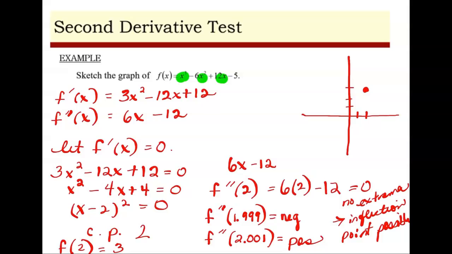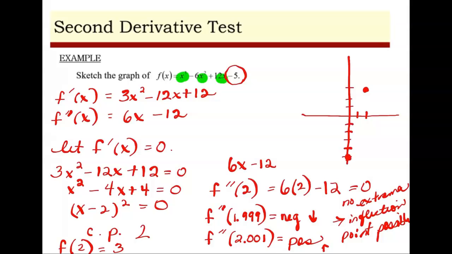When we go to the immediate right of 2, then we find that that value is positive. And so because we have a change in concavity there, we know that there is an inflection point. With this one we have concave down, here we have concave up. So we can go ahead and get a graph going.